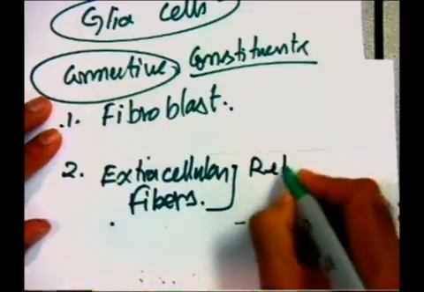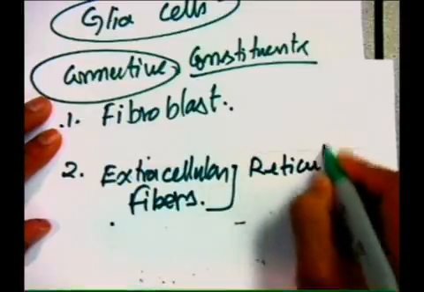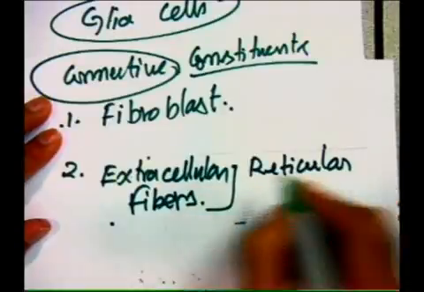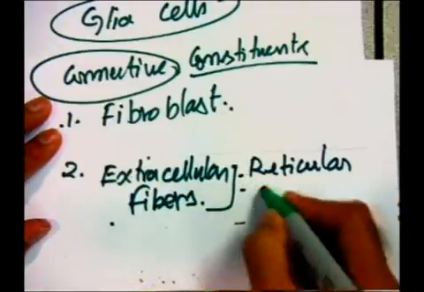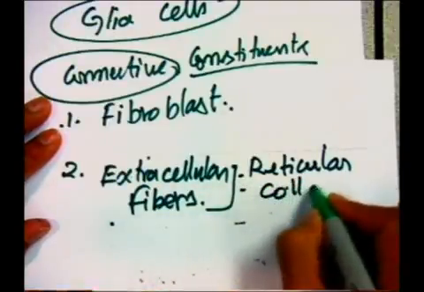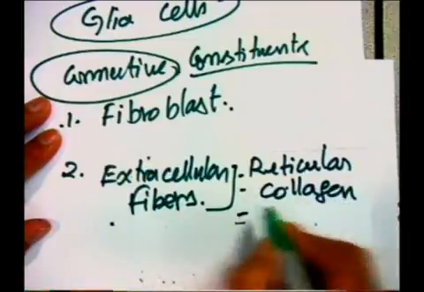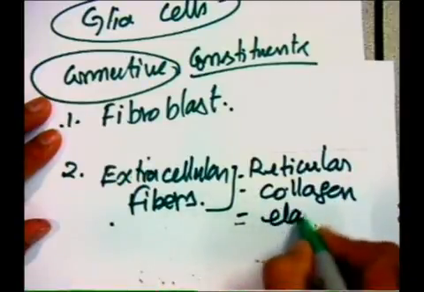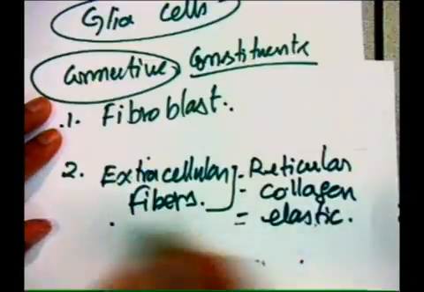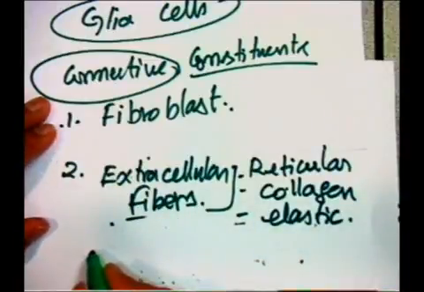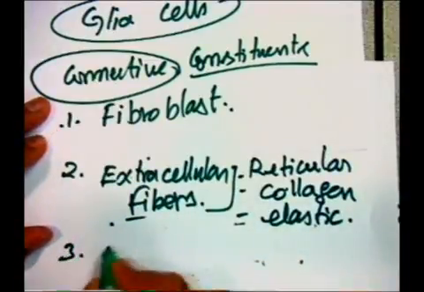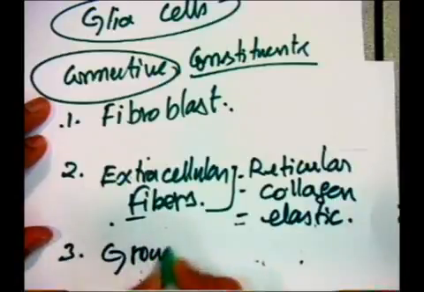The reticular fibers. Another type of fiber is collagen fiber. And another fiber is elastic fibers. And another type is the ground substance.